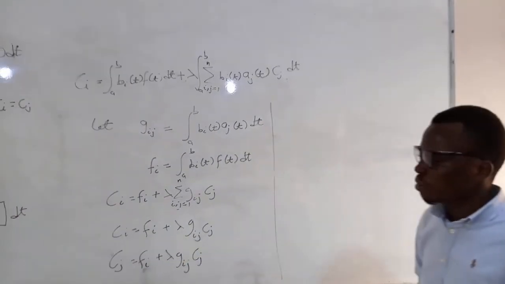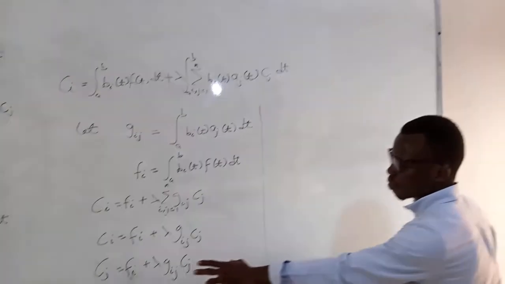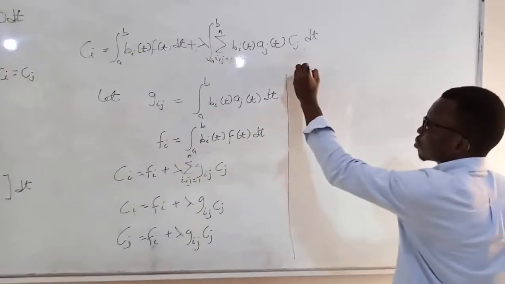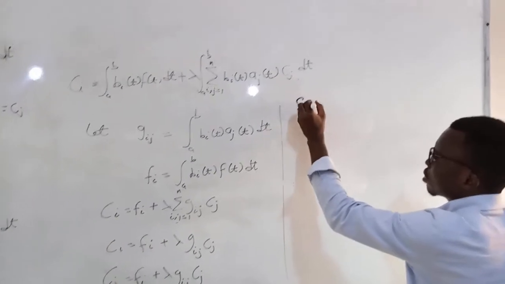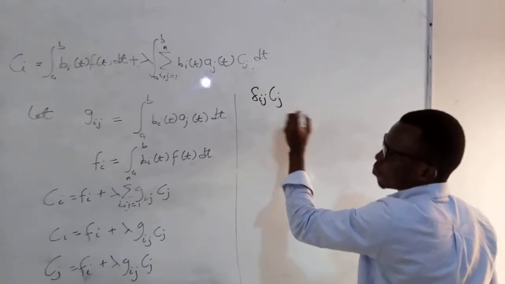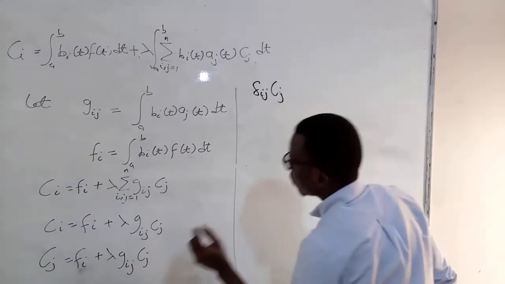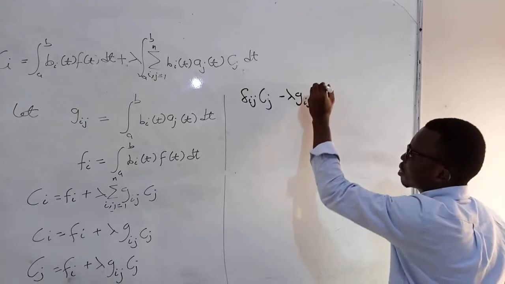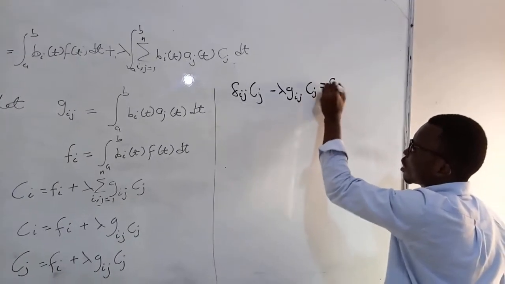And this is a constant. Since it is a constant, we can factorize, we can add a Kronecker delta function to it. Delta ij cj, and so we can bring this one to the other side, which is minus lambda Jij cj to be equal to fi.